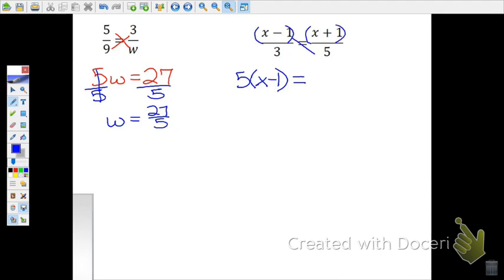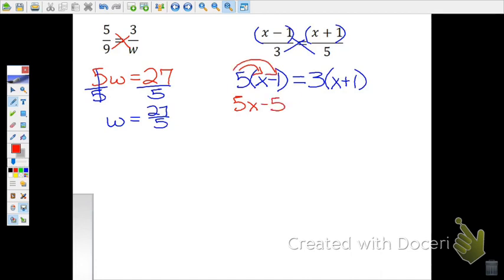Anytime you see a plus or minus sign in a numerator or denominator of a fraction, group it together in your parentheses. So in my other direction, 3 times the quantity x plus 1, which means I need to distribute.